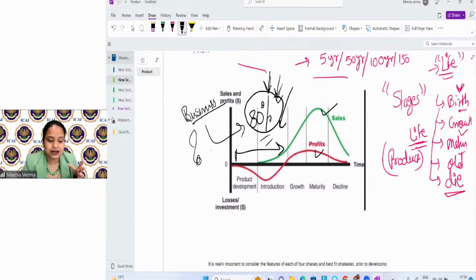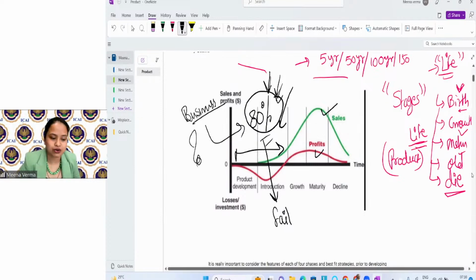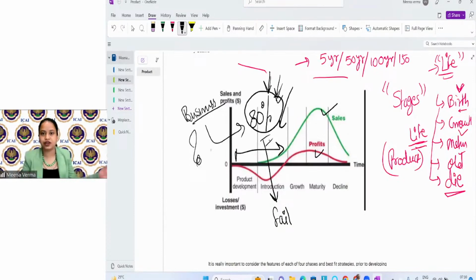The point is that most businesses fail in this stage because they do not know the business, right? They don't understand the life cycle of the product. They don't know that they will not incur a profit over the entire life. So the initial or introduction stage is where most businesses fail in India.